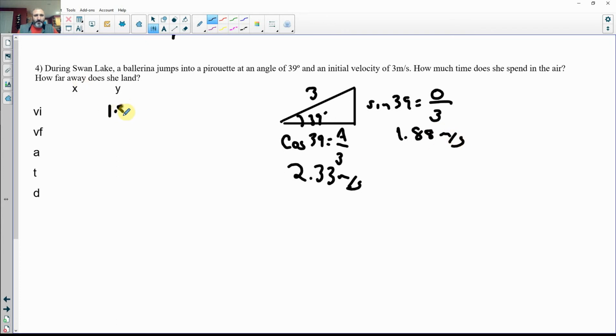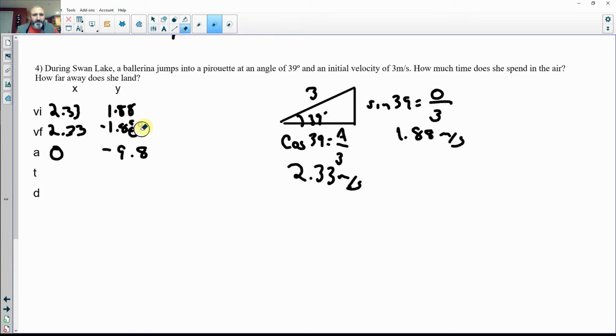So 1.88, and 2.33 stays as 2.33 because there's no acceleration in the x. But in the y we have negative 9.8, and she's going to land back on the floor. So that's going to be negative 1.88 when she comes back down. I hope you're okay with that, because it doesn't say in the problem that she lands anywhere else.